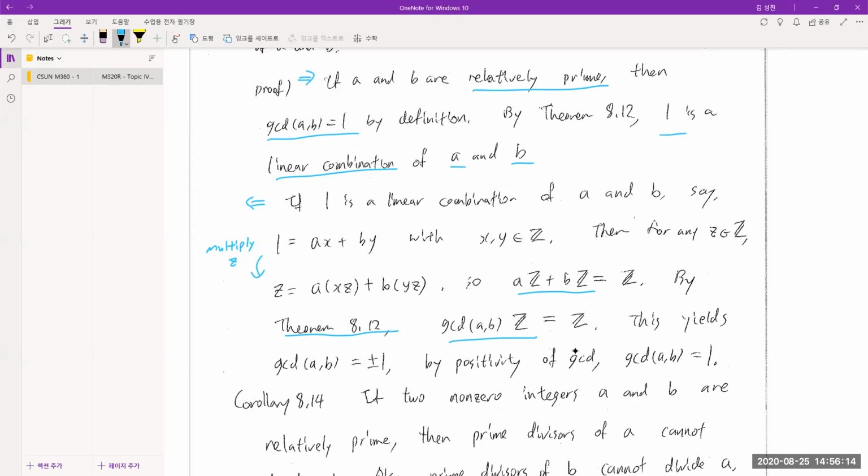So this identity cannot hold. If the GCD is 3, then left side is multiples of 3, so that this equality does not hold. So the only way that this equality can hold is GCD equals plus or minus 1. But GCD must be positive, so that GCD should be 1. So the reverse implication also is proved.